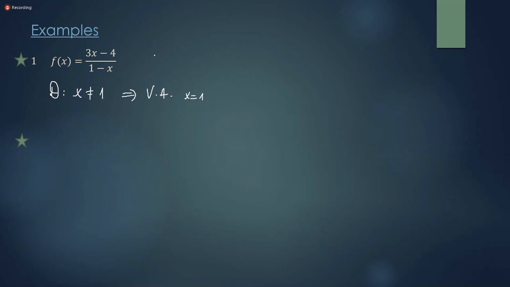We can even see that the limit when x tends to infinity will be a constant: the limit when x tends to infinity of 3x minus 4 divided by 1 minus x. Remember what we did? We divided out x, and then we had 3 minus 4 over x, and 1 over x minus 1.